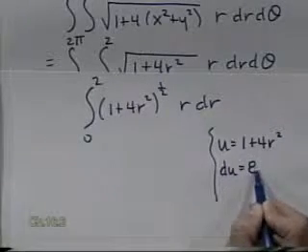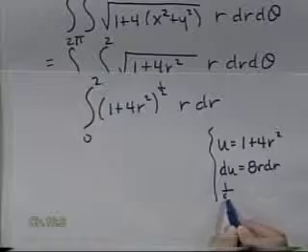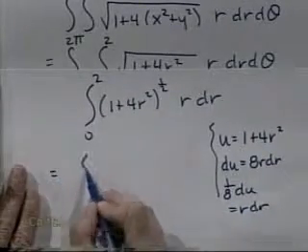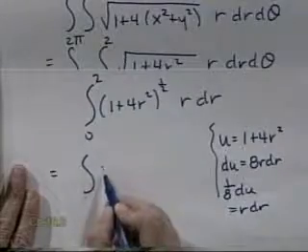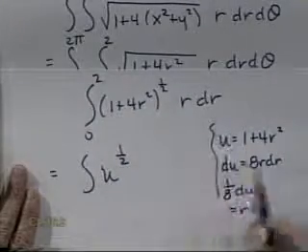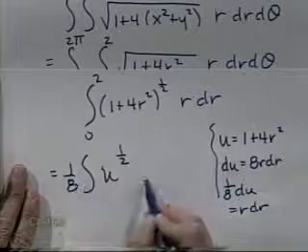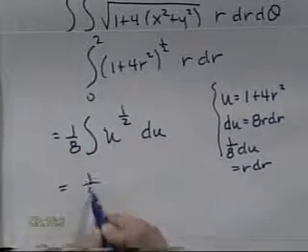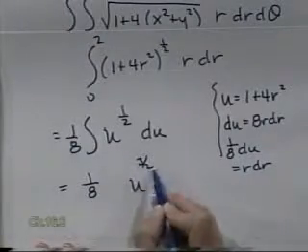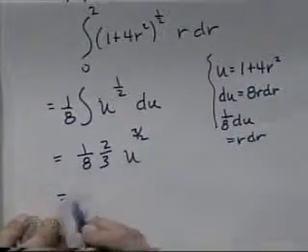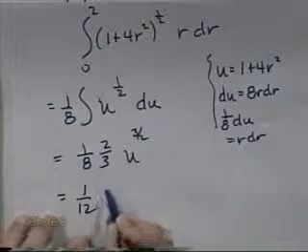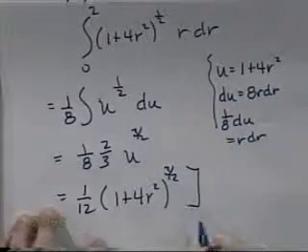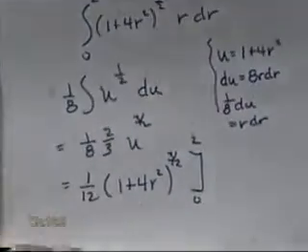So your du is 8r dr, so 1/8 du is r dr. This becomes the integral of u to the 1/2 times 1/8 du, where u is 1 plus 4r squared. I might as well finish it. I get 1/8 u to the 3/2 times 2/3, which gives us 2/24, which is 1/12, times 1 plus 4r squared to the 3/2, going from 0 to 2.